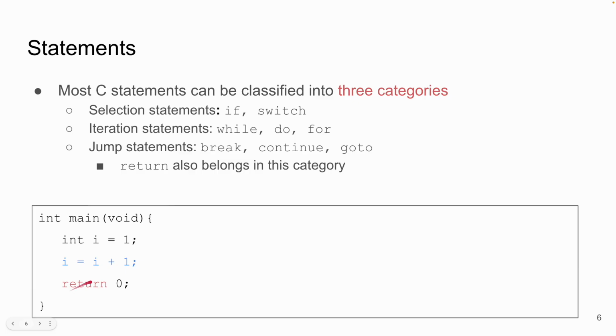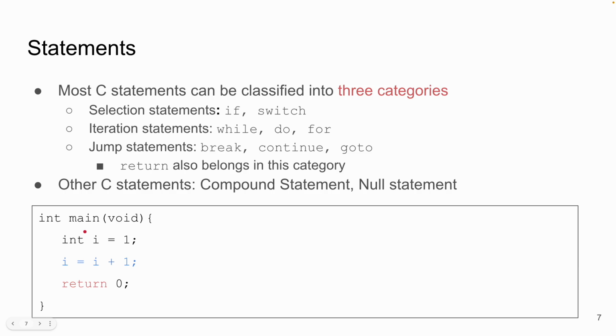So if we write the return statement at the end of the main function, when we run this return statement, our program will jump out of the main function. That is why our program will end if we run this return statement inside the main function.